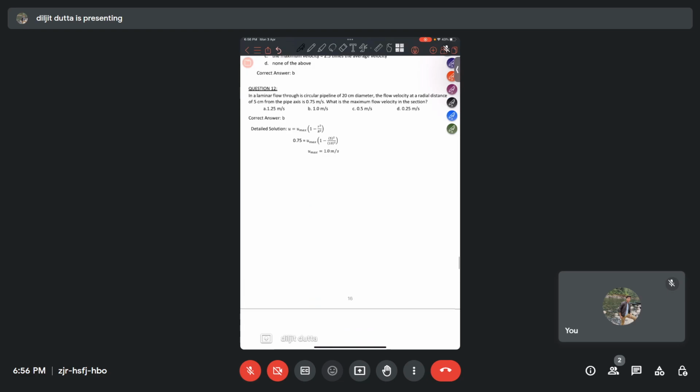Laminar flow through a circular pipe of diameter 20 cm, flow velocity at radial distance of 5 cm from the pipe axis is 0.75 meter per second. What is the maximum flow velocity in the section?